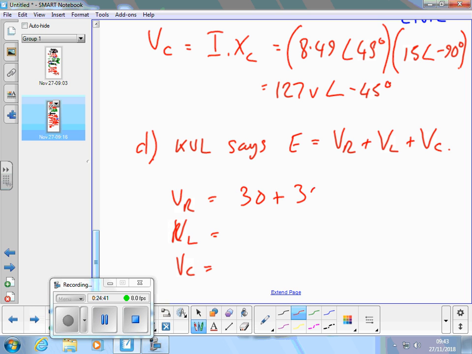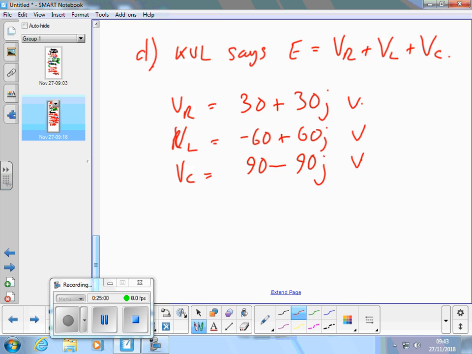30 plus 30J. 30 minus 60 is minus 30, plus 90 is 60. 30 plus 60 is 90, minus 90 is 0J.